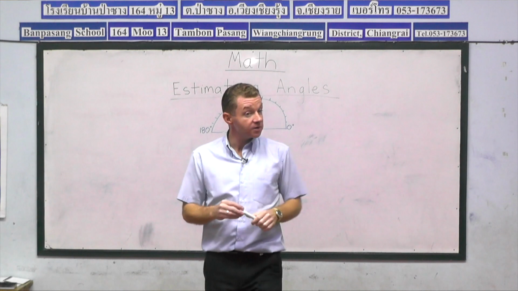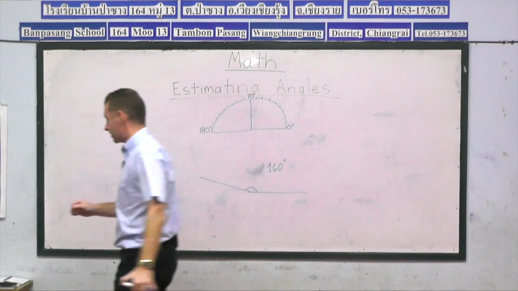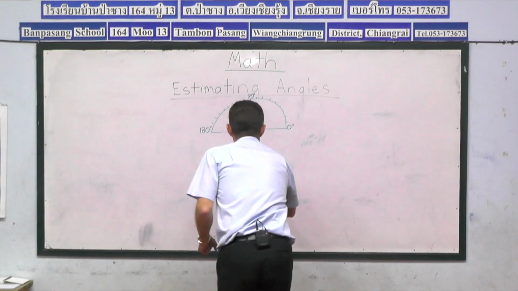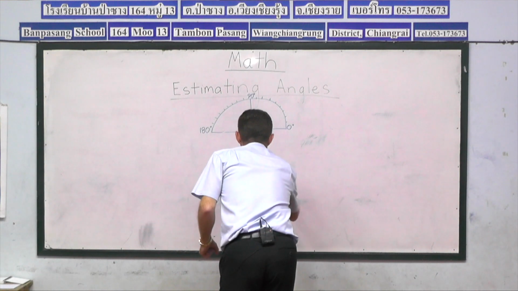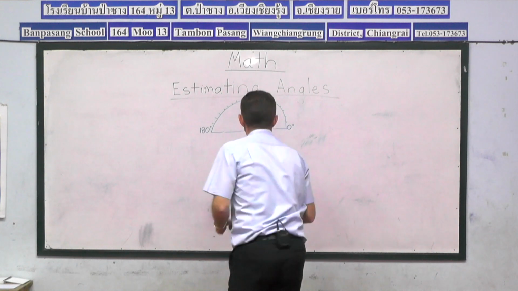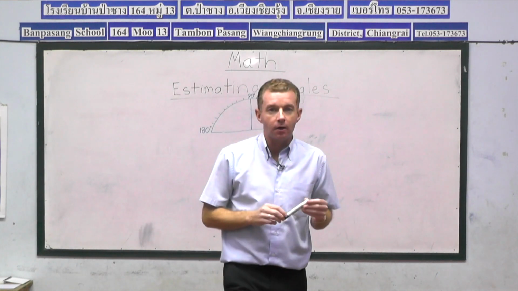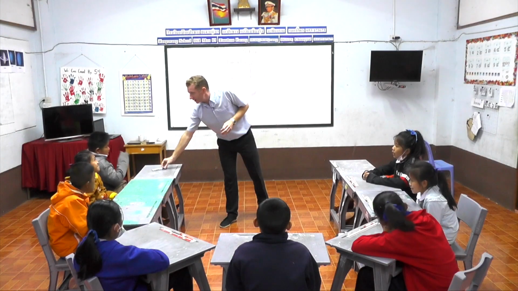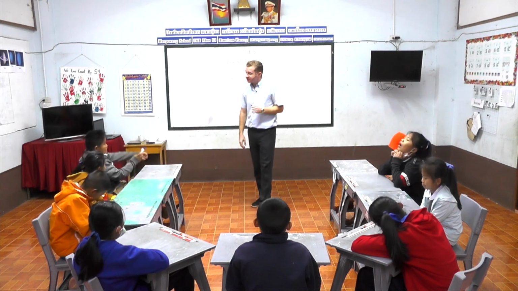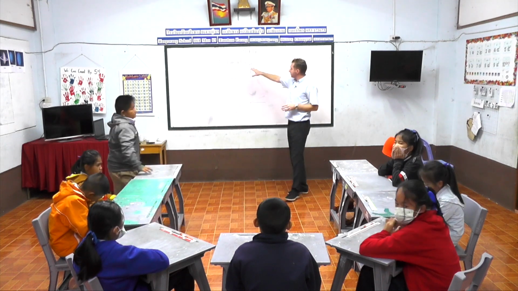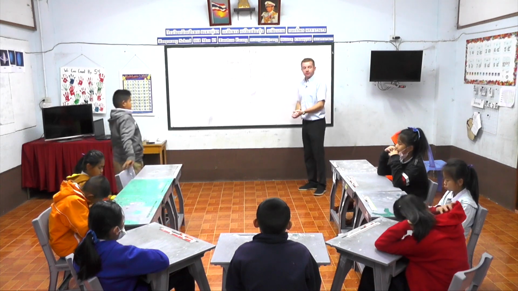Okay, so now for another angle and another student to try. Now we've got another angle on the board. And I would like to ask Net to come forward and do an estimation of our angle.